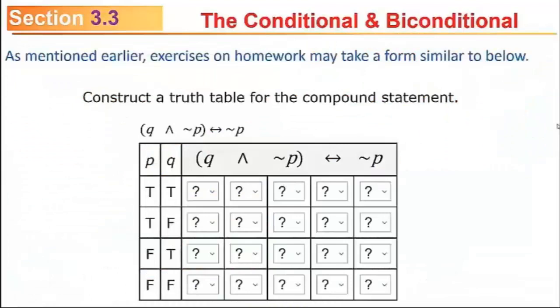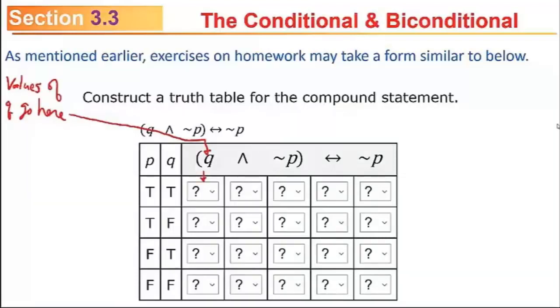We talked a little bit earlier in the previous section about the way that WebAssign presents some of these truth tables. So I want to go back to a problem with the conditional and biconditional that presents the table like you'll see it in WebAssign. And here's an example. They're asking you to complete the truth table for this compound statement involving a biconditional. You start off, as you always do, with the simple stuff.